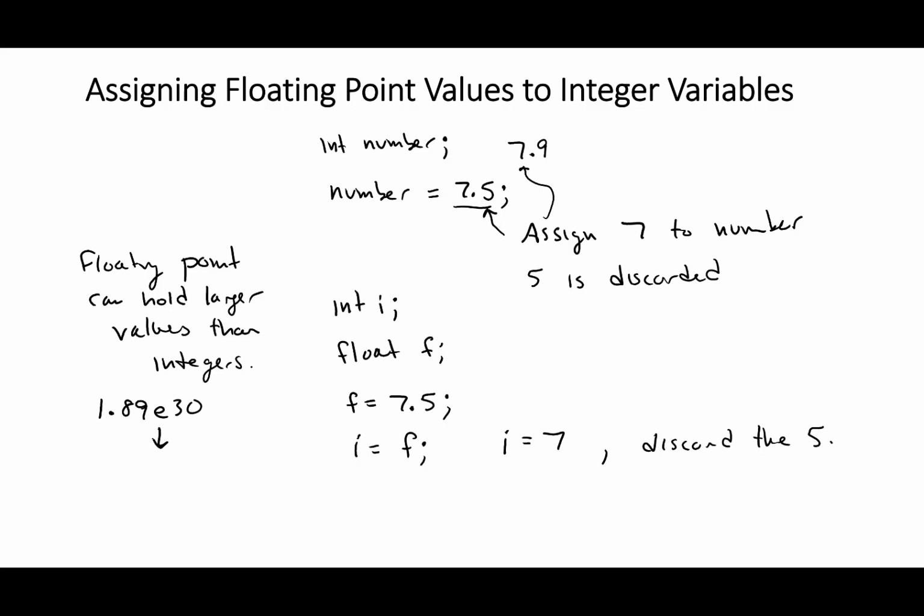It's going to, first of all, only store the 1 because it's going to dump the fraction, but then this is a really large number, so it's going to store something that's not going to be what you think. It's going to be an invalid value. So if you're working with really large or really small numbers, you have to be careful going back and forth between the different data types.